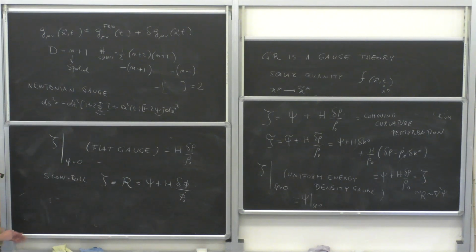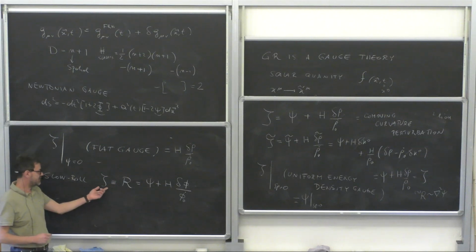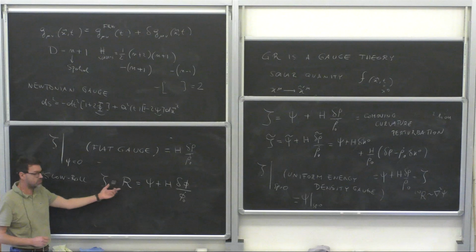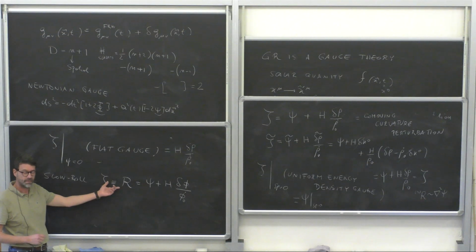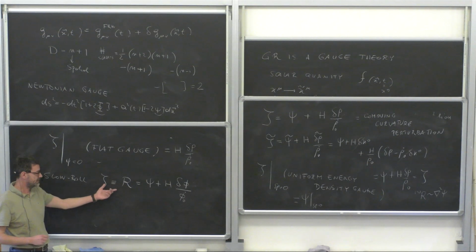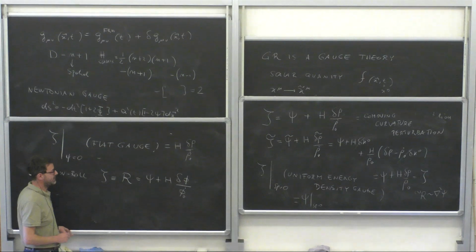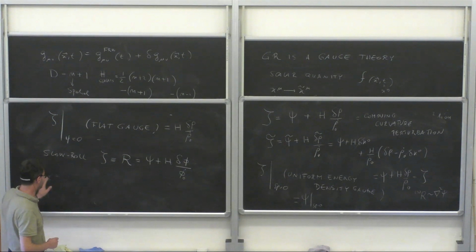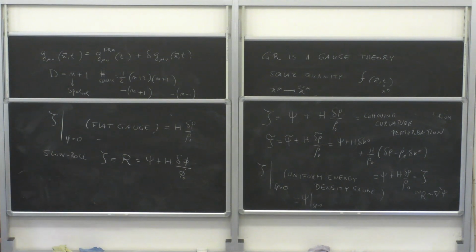That's the reason why I could use R instead of zeta, but I prefer zeta because it's connected to observation. But during inflation, the two of them coincide. Okay, let me show you that this is true. It's not true in general, but it is true in slow roll, which is good enough for us for these lectures. Why? Because, of course, what is zeta?